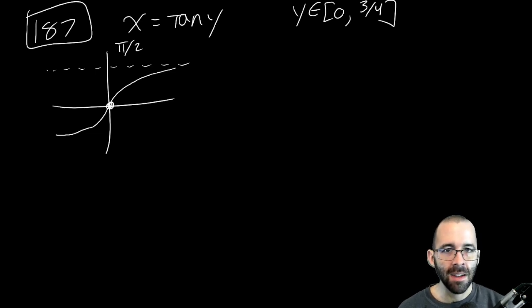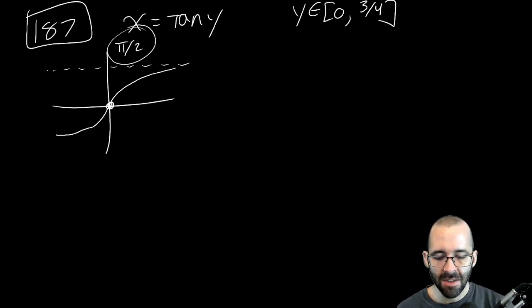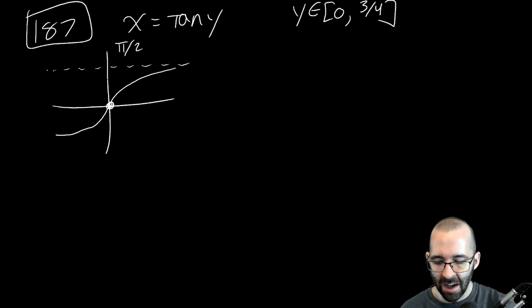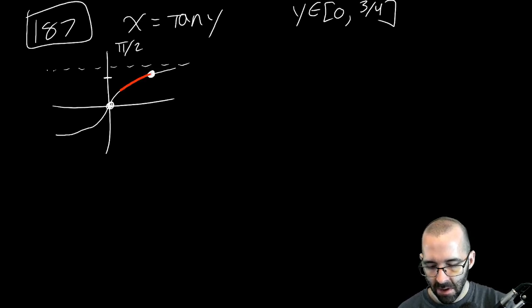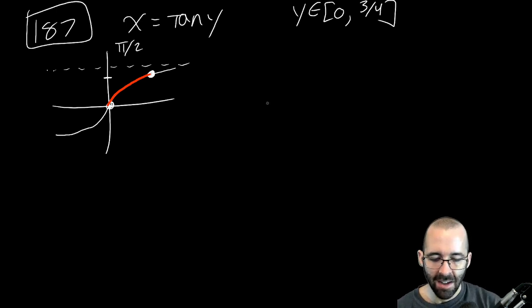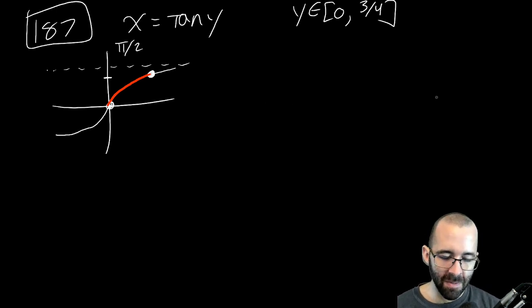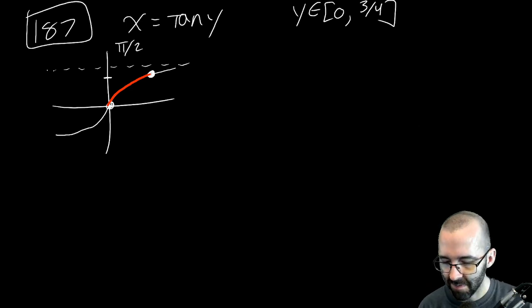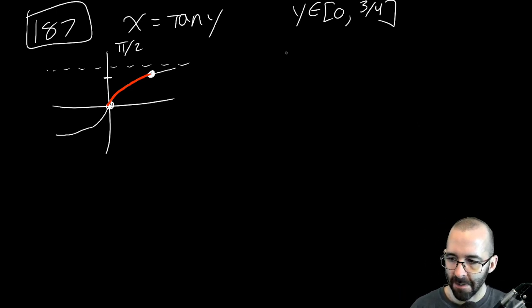Well, pi is about 3.1, so this is like 1.5. So, all right, good. We're not running into any weird, funny business. We're just looking at the arc length on this interval. If it was going all the way up to pi over 2, it'd basically be infinity. But no funny business here.